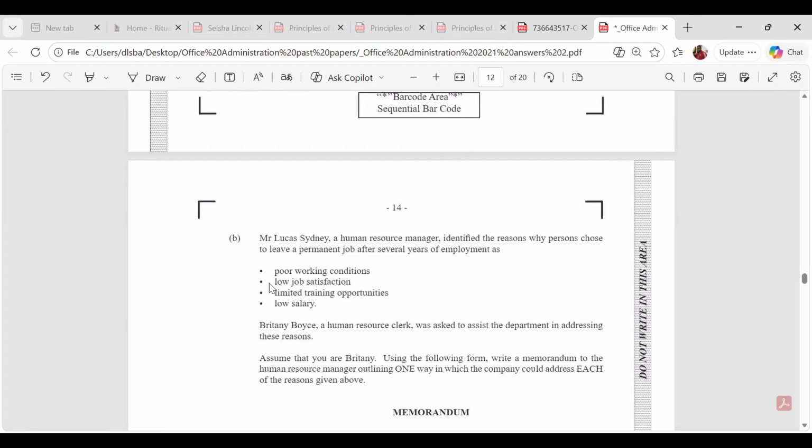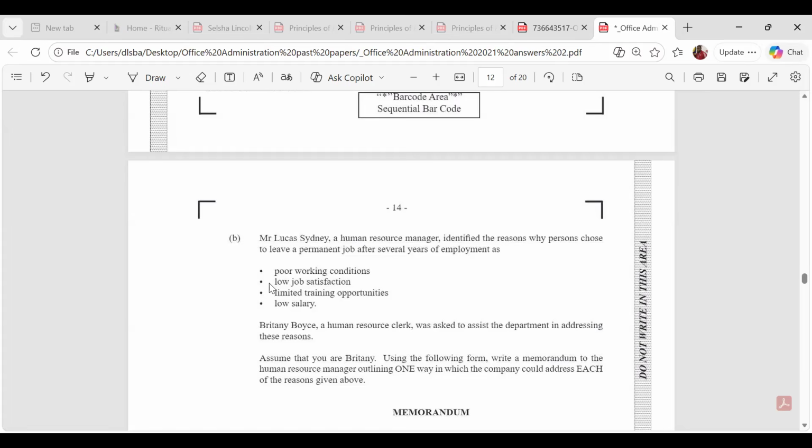Mr. Lucas Sidney, a human resource manager, identified the reasons why persons choose to leave a permanent job after several years of employment as poor working conditions, low job satisfaction, limited training opportunities, and low salary.